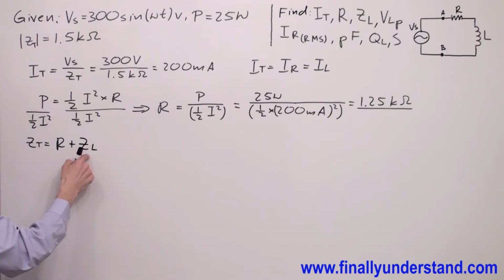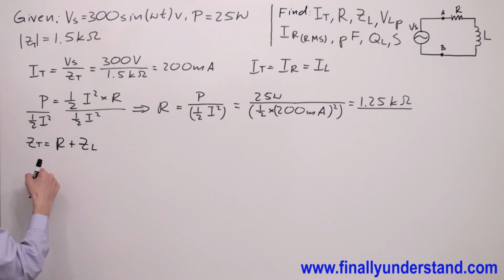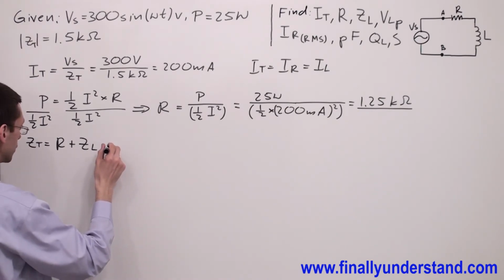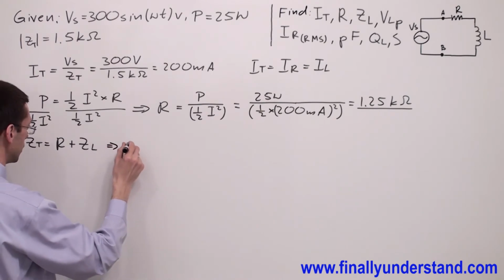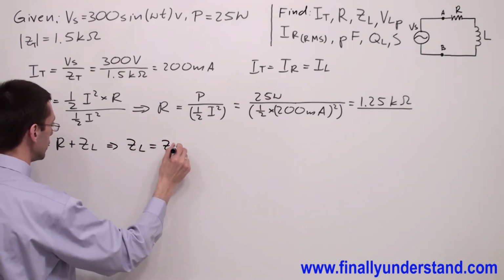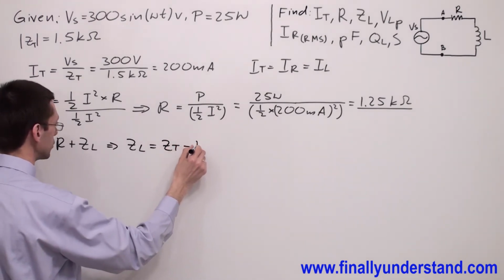In order to find the impedance of the inductor, I'm supposed to simply write that ZL equals Z total minus R.